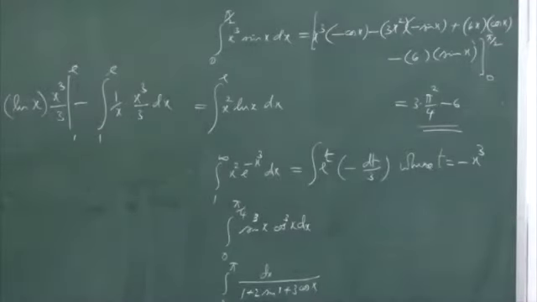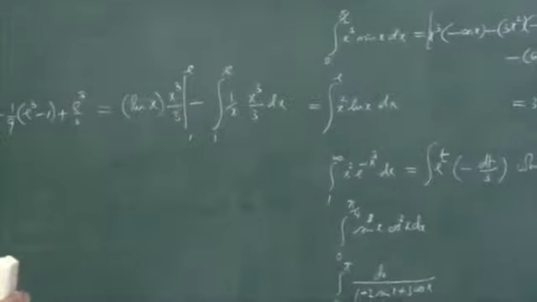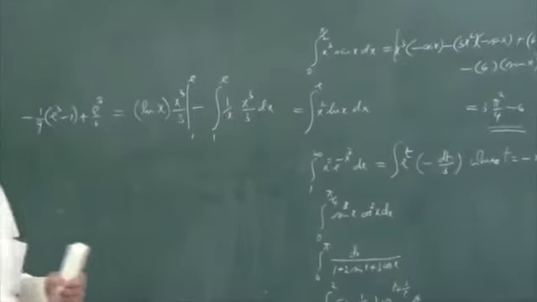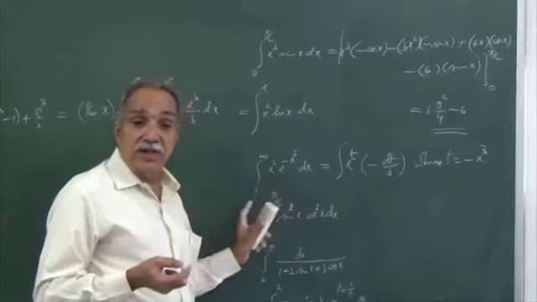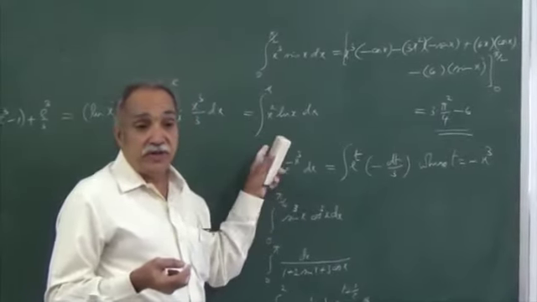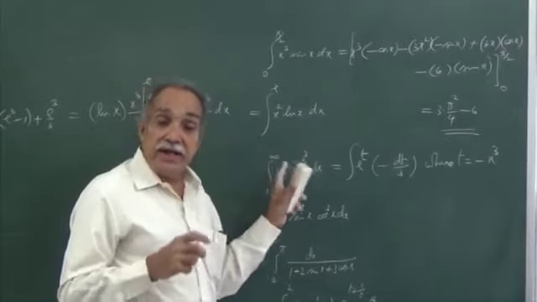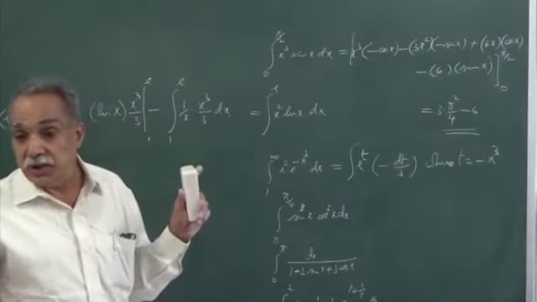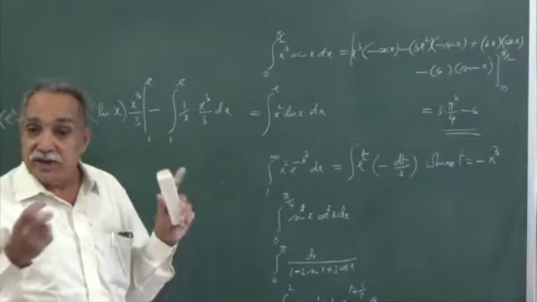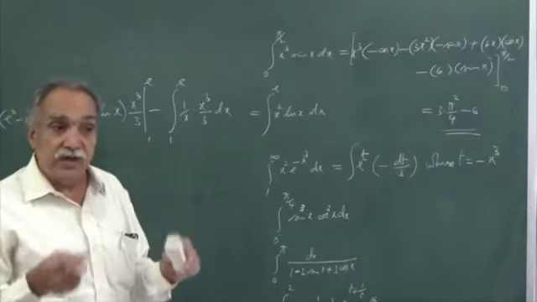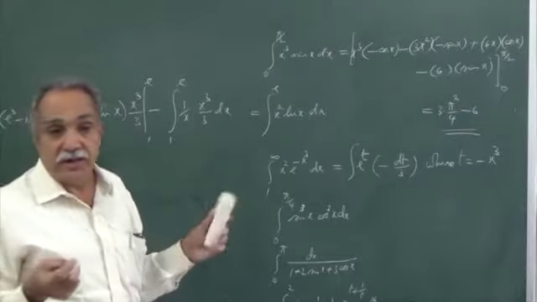One slight variation that we will adopt in the evaluation of a definite integral by the substitution method is, when you apply substitution, not only the integrand changes, simultaneously these limits also will be changed. We will bring in new limits of integration so that at the end there will be no necessity to get back to the original independent variable. With the new variable itself, we can finish our job and get the value of the definite integral.